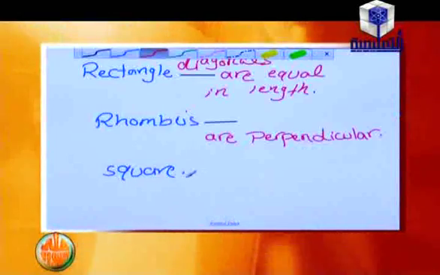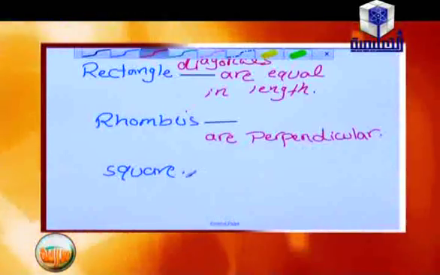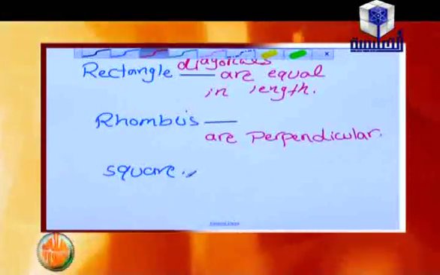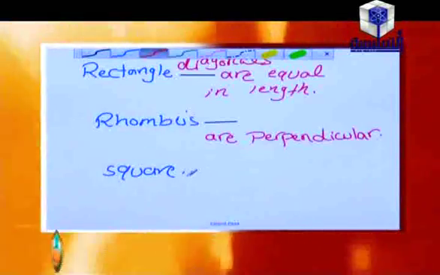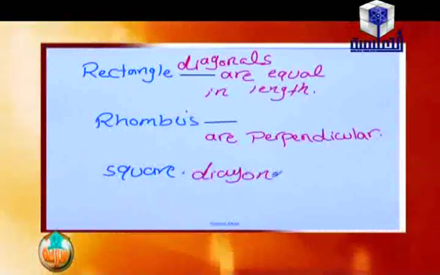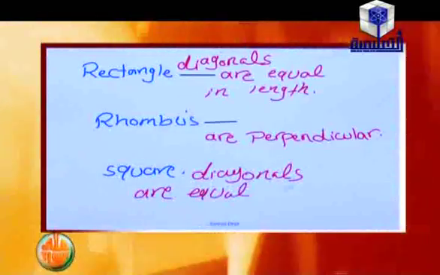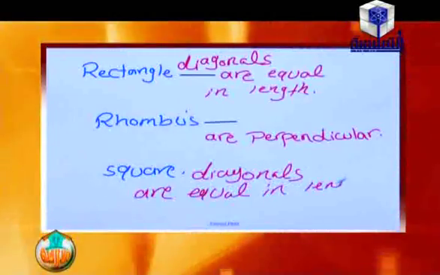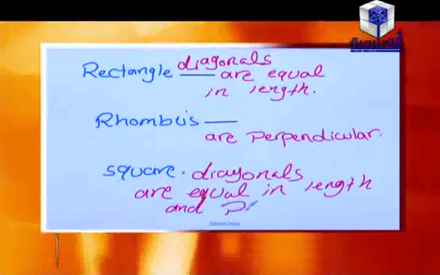So the square is a quadrilateral, a parallelogram with one right angle and two adjacent sides equal in length. From the properties of the square, the diagonals of the square are equal in length and perpendicular.